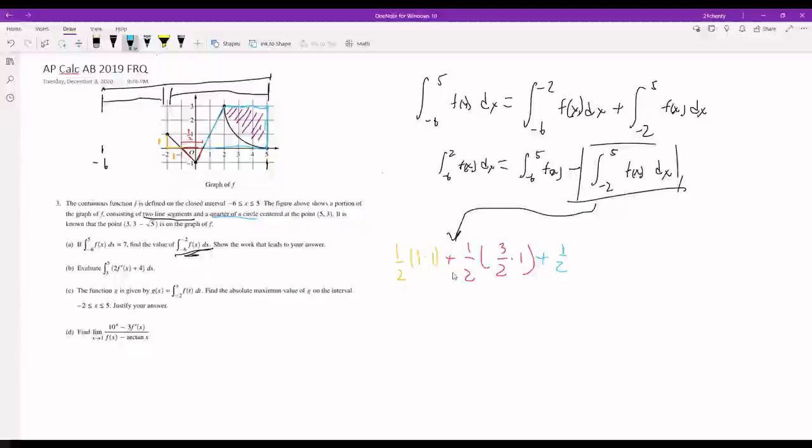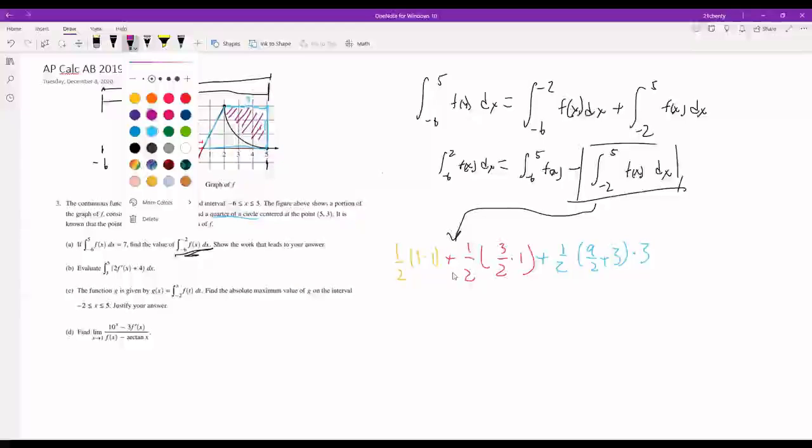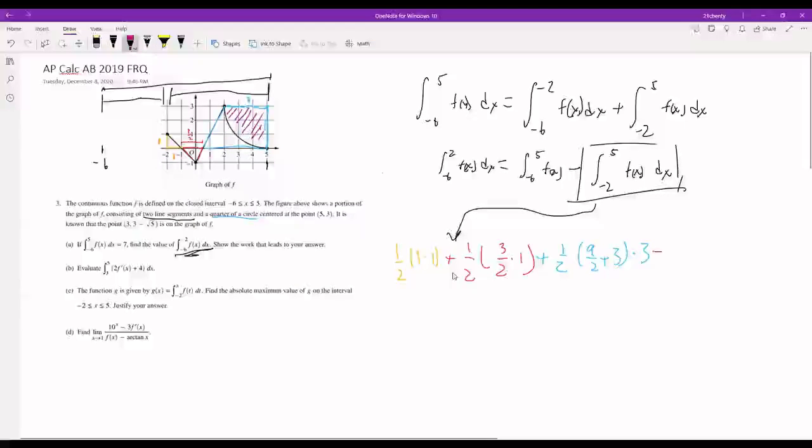So 1/2 times 4.5, so 9/2, plus the top part is 3 times the height, which is also 3. And then you subtract the purple, it's a quarter circle, remember that, so it's 1/4. And the radius of the circle is 3, so pi 3 squared, pi r squared.